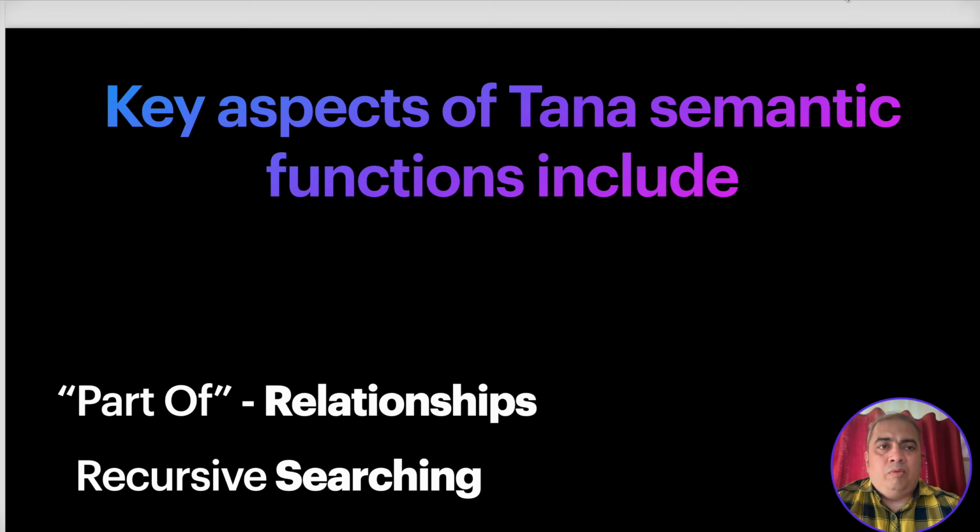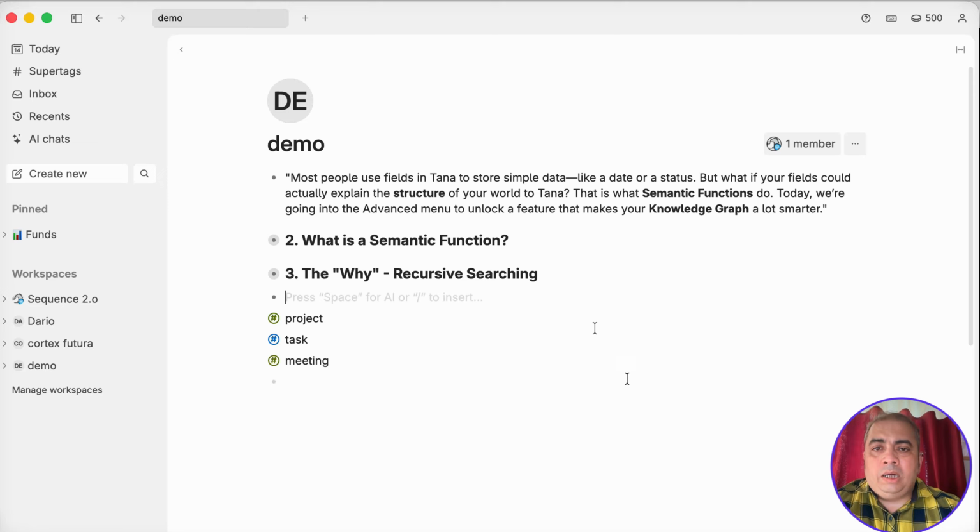Now, how and when it is used as far as project management is concerned, let's quickly jump to Tana. I already created a few super tags: project, task, and meetings. Now, most of us use fields in Tana to store simple data like date or status, etc. But what if your field could actually explain the structure in your world to Tana?